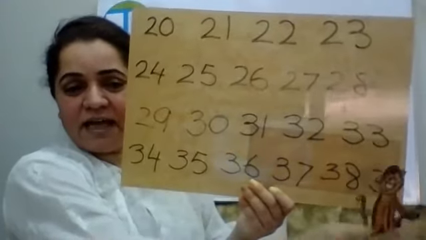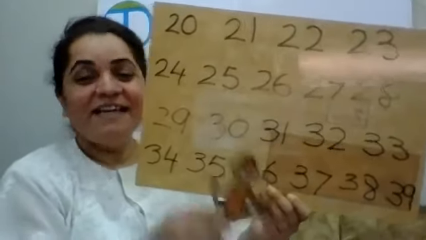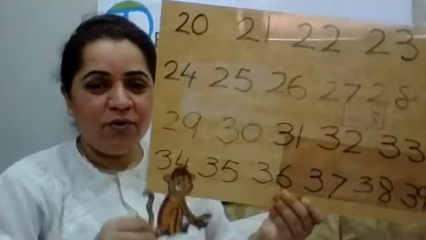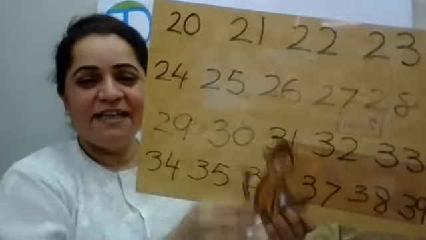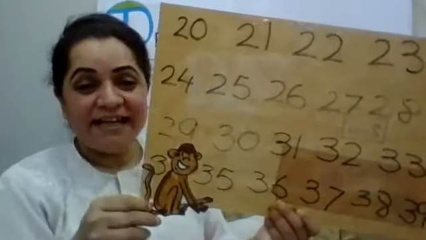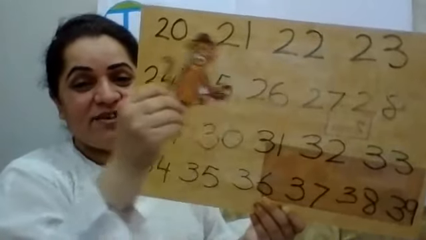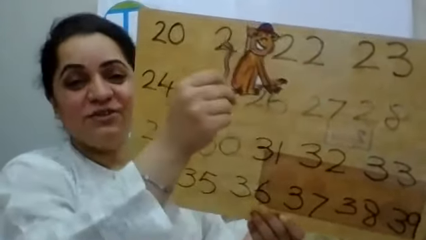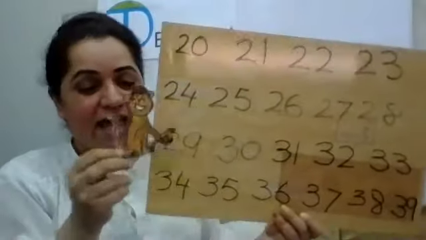Okay, 39, 38, 37, 36, 35, 34, 33, 32, 31, 30, 29, 28, 27, 26, 25, 24, 23, 22, 21, and back to 20. Yay, Mr. Monkey.